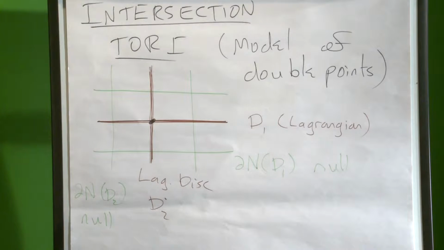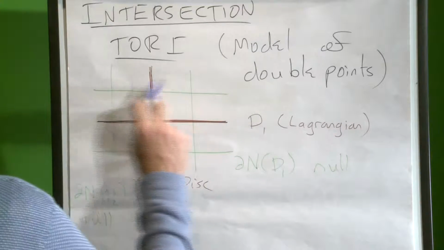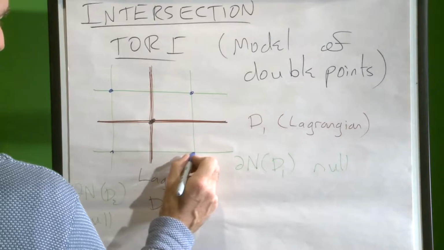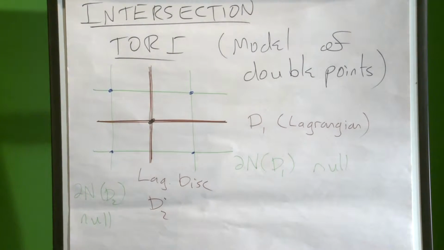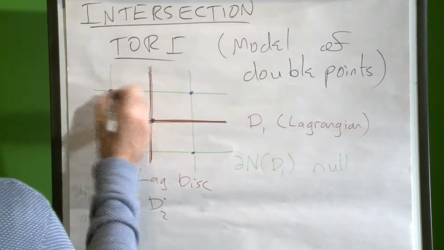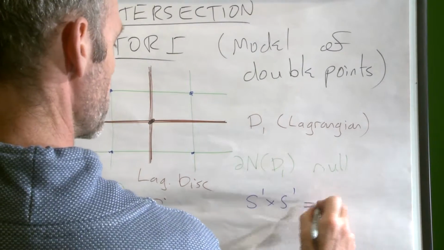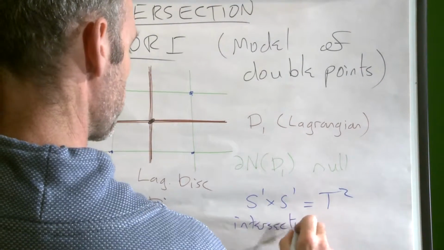Then finally, these two boundaries of normal neighborhoods intersect in, well, the picture here is 4 points, which is S0 cross S0, because I'm drawing it all one dimension lower than what I'm actually working with. But in fact, these points represent an S1 cross S1. It's a two-torus, and this is the intersection torus that I've just mentioned.